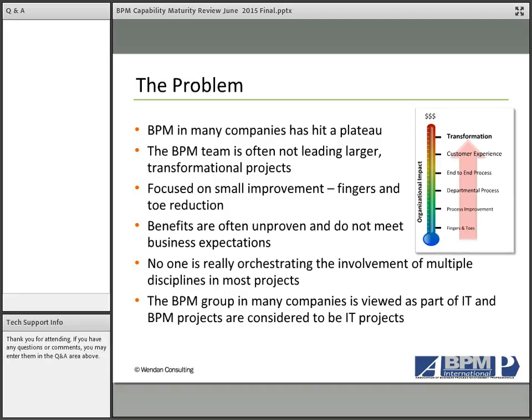And by that I mean, if you're involved in larger activities now, that's great. That's where you're staying. You're not really typically then becoming the next step, which we look at on a kind of thermometer or scale on the right-hand side that shows that moving up the scale, we look at improvement in different specific business areas, business units, moving up to department processes, to end-to-end process, and then starting to deal more strategically with customer experience.